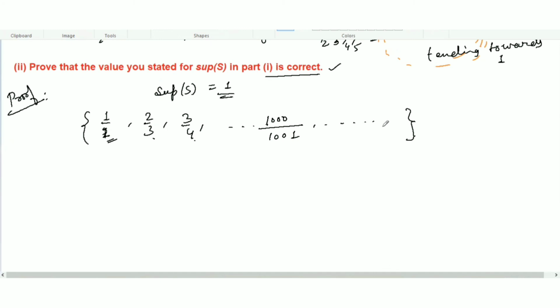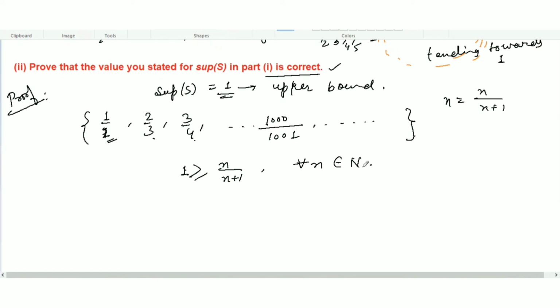So what we have proved here is that 1 is the upper bound of this set. What was the set here? S equals n over n plus 1 in the first part of the question. It means 1 is greater than or equal to n over n plus 1, because 1 is the upper bound of set S, for all n belonging to the natural numbers.